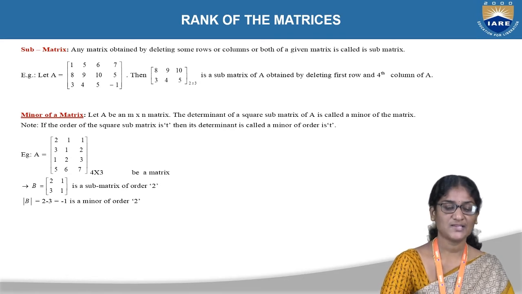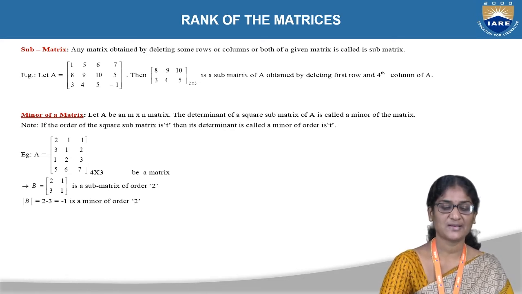Next is a minor of the given matrix. After deleting some rows and columns, taking the determinant of the remaining matrix is nothing but the minor of the given matrix. Suppose you have 2, 1, 1; 3, 1, 2; 1, 2, 3; 5, 6, 7 as my 4 into 3 matrix.